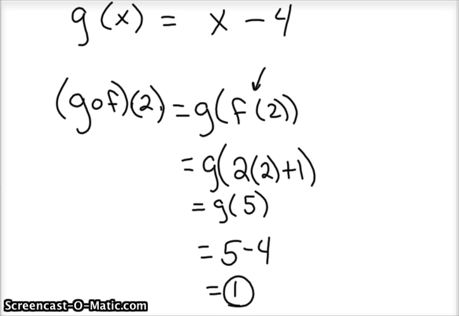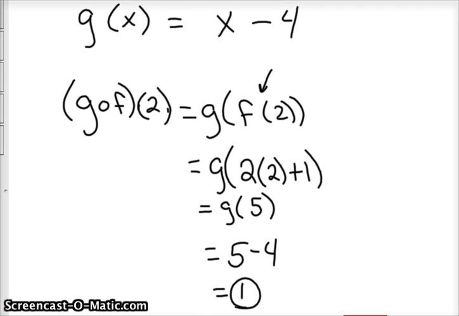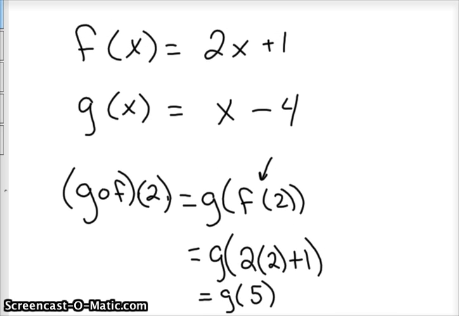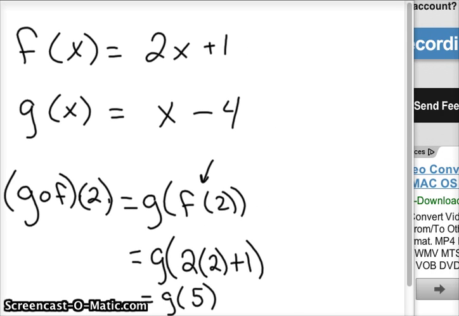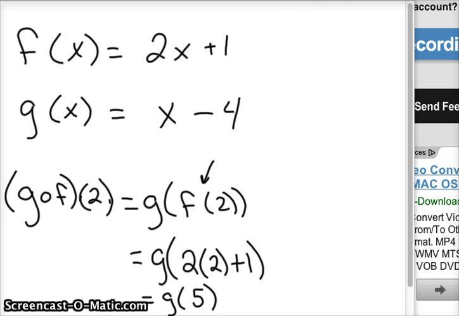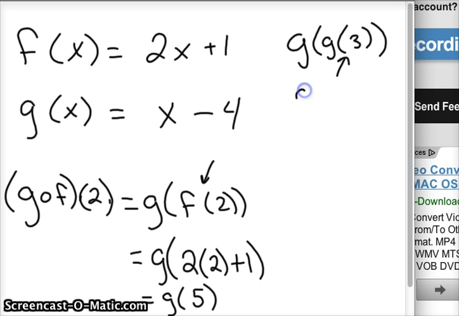Now we could keep going with this, and I'm going to try and squeeze it in here on this right side. Let's say we wanted g at g at 3. Well, you start on the inside and put 3 into g, so that would be 3 minus 4, which is negative 1.